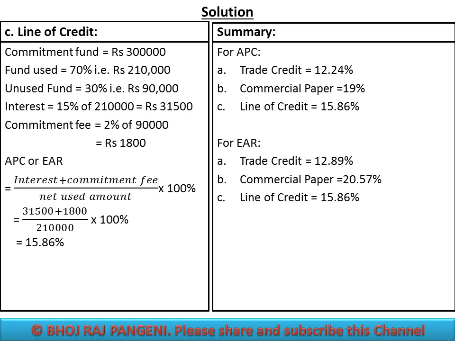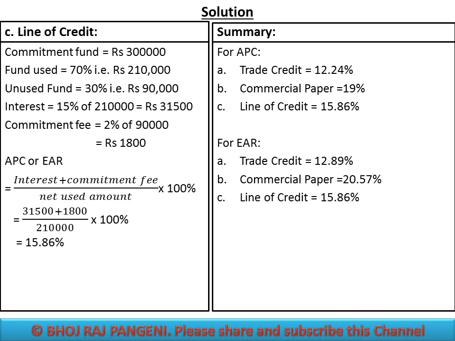Now take the decision. Have a look at the APC: the trade credit APC is 12.24%, commercial paper 19% and line of credit 15.86%, so the lowest is trade credit. And for EAR, trade credit has 12.89%, commercial paper 20.57%, and line of credit 15.86%.